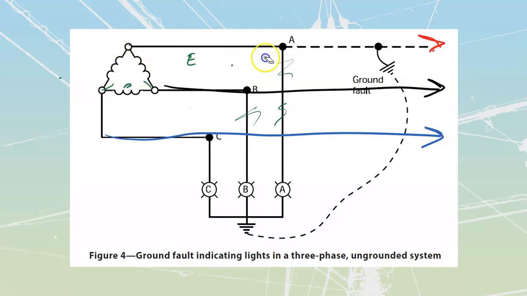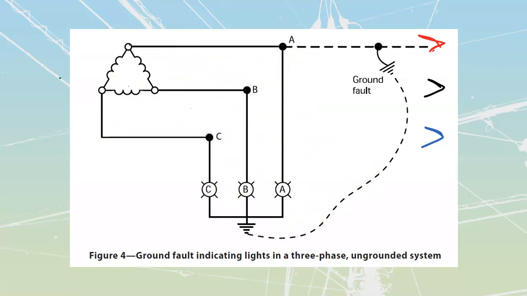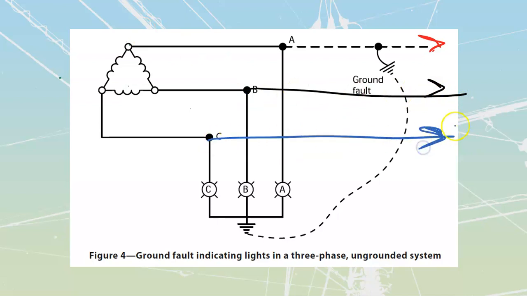All right, let me erase a whole pile of lines over here, and let's trace those current lines through one more time on the larger drawing. Let's put those ones back there, my B phase and my C phase. If this ground happens over here, that ground is going to take out whatever light is attached to A. If I take a look at A right now, on either side of it, I see that this side is attached to ground, and this side is attached to ground.